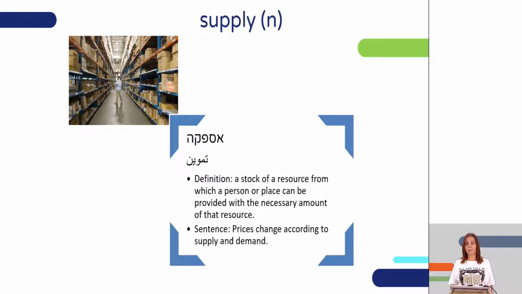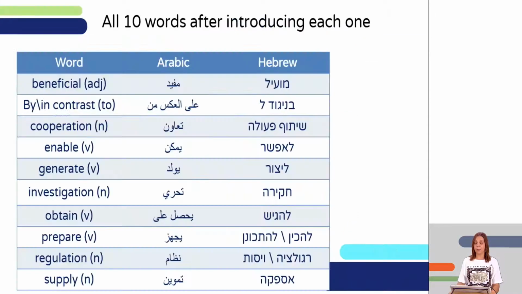For example, look at the picture, you can see the stock here, a large amount of things, and you can get them when needed. So here we have a very important example, which is prices change according to supply and demand. So you ask for something, and supply is giving the thing. Asking for the thing and giving the thing.